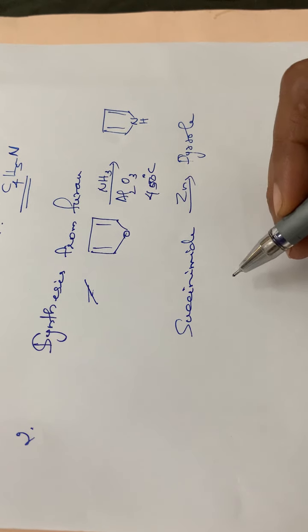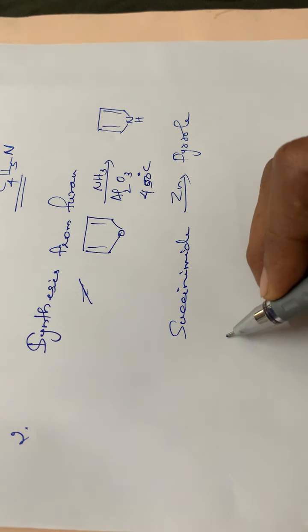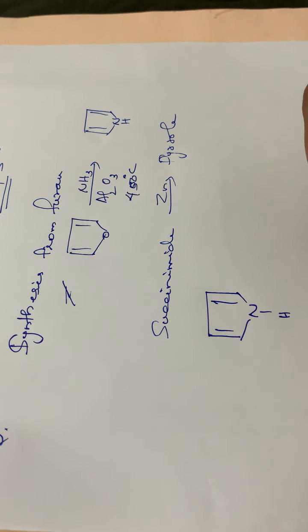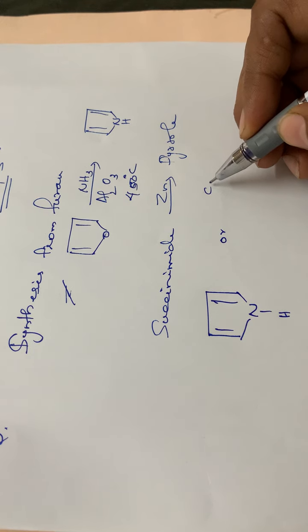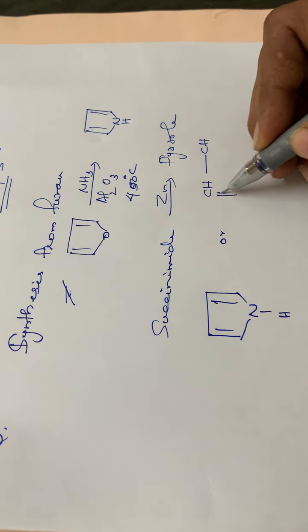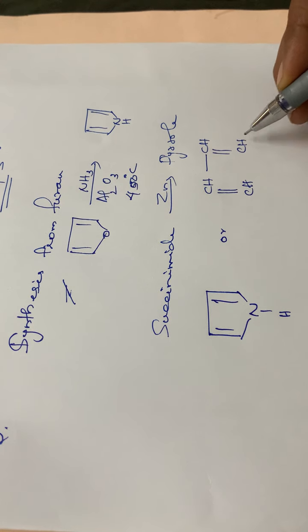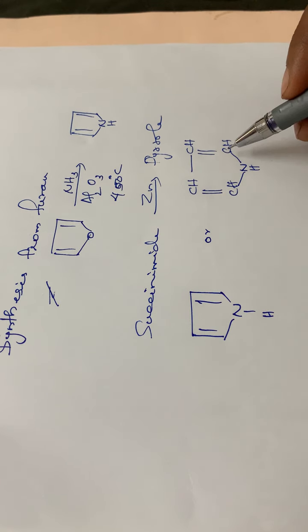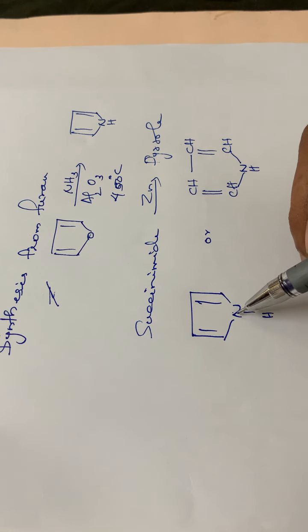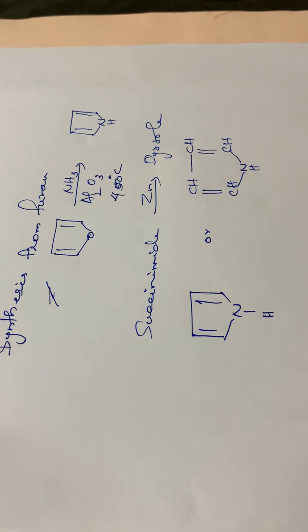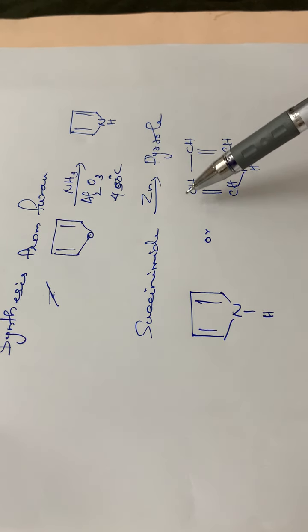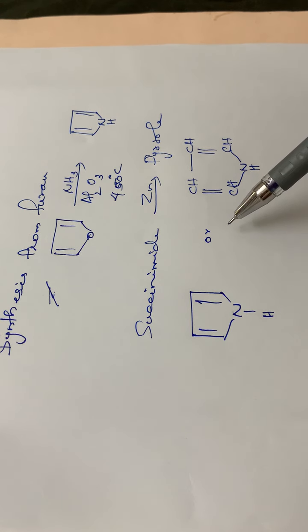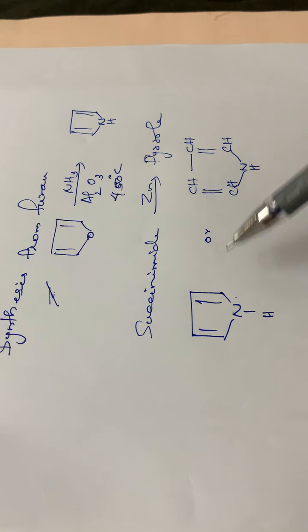So from these two syntheses, we can say that the structure of this pyrrole will be like this, with NH. Or it can be written like this: CH single bond CH, then double bond CH, double bond CH, then NH. So these are the two structures. This is the skeleton of this particular compound. From the synthesis from furan or from succinimide, we can see that pyrrole has these two structures.